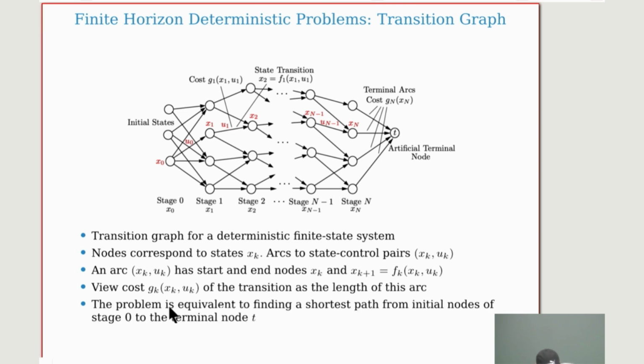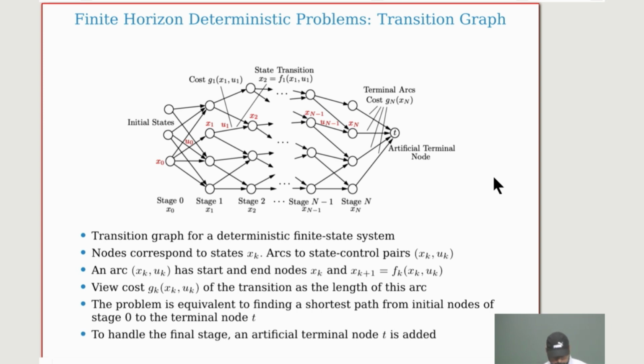The problem is equivalent to finding the shortest path from the initial node x0 to the terminal node t. Here the shortest path is where the sum of the edge weights is minimum. So we can have this graph view for sequential decision making problems.